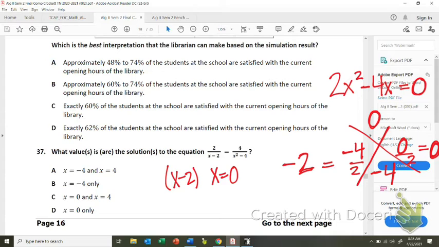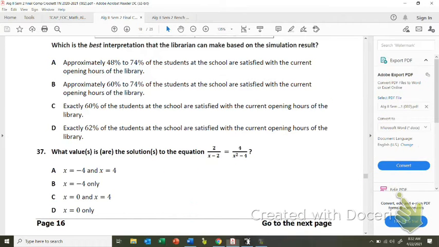Look at your choices. Do you even have a 2 on there? No, so the answer has to be only what? Only 0. If we needed to, how would we check ourselves? Put it back in. Yep, exactly.